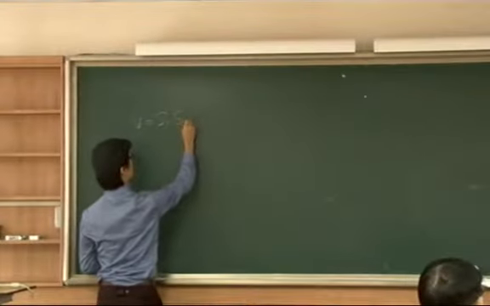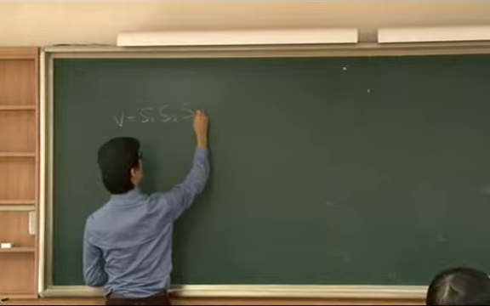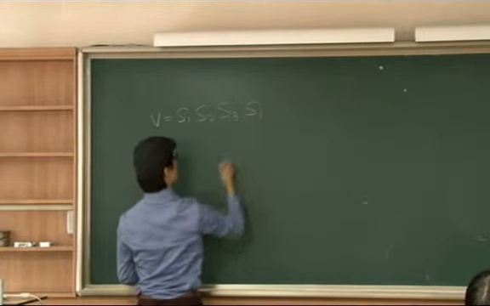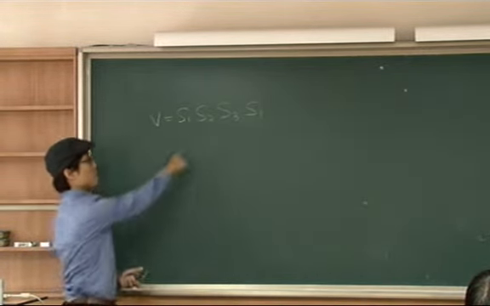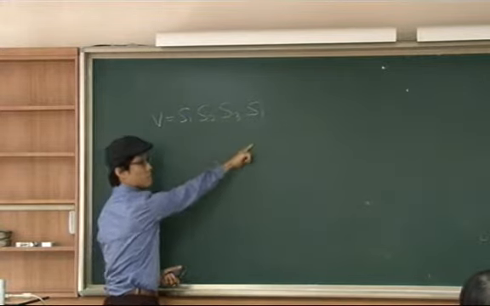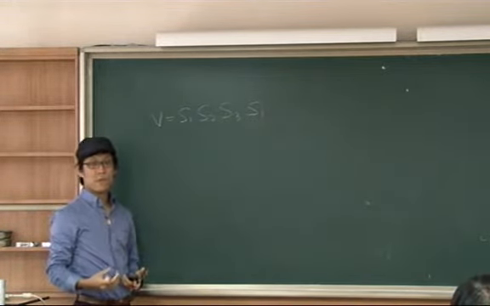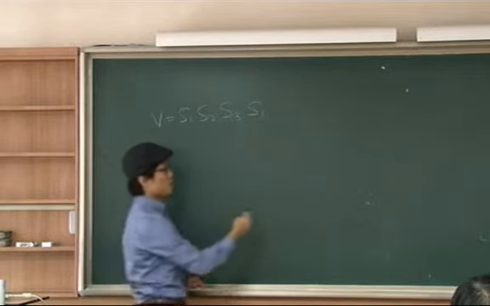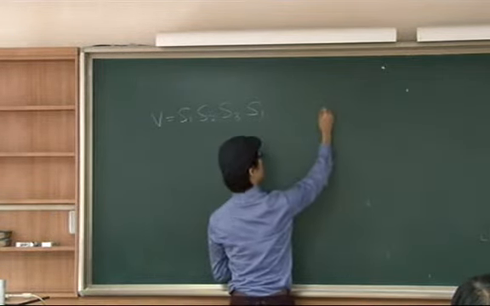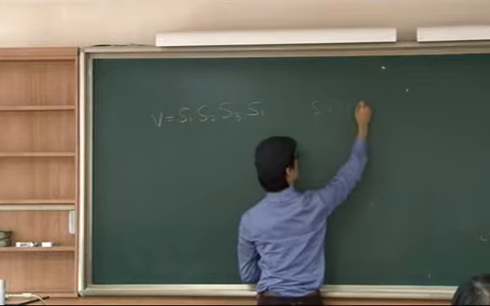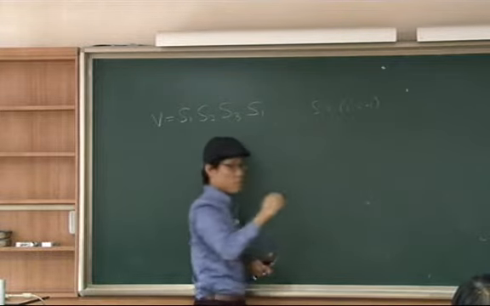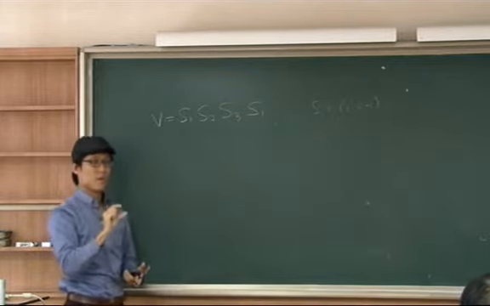For instance, if V is s1 s2 s3 s1, the s_i are the simple generators of the Weyl group. For the permutation group, s_i is just the transposition between the numbers i and i plus 1.